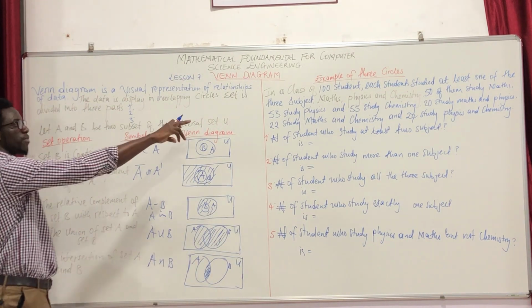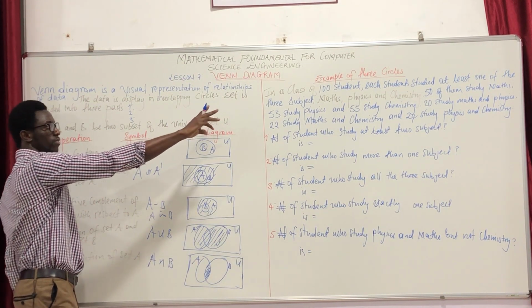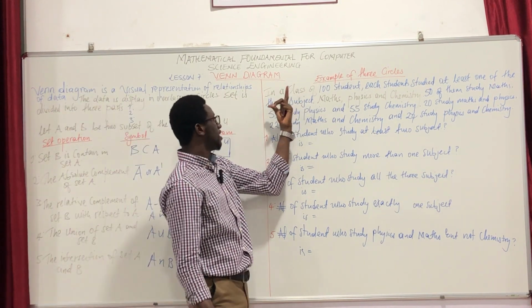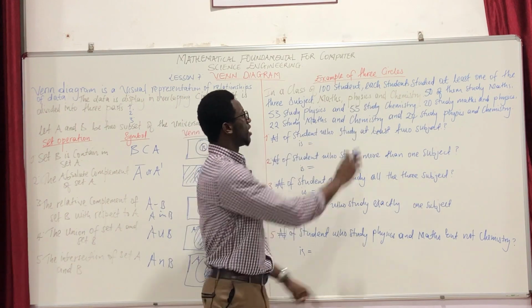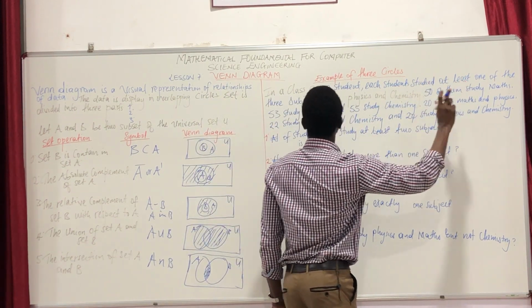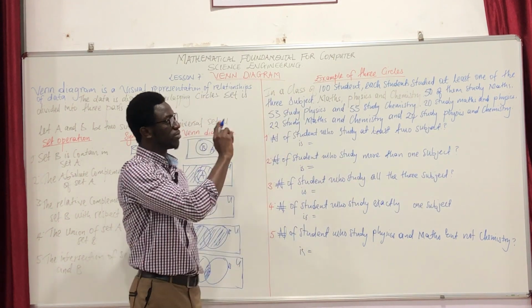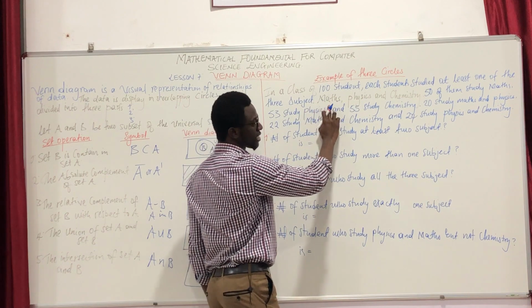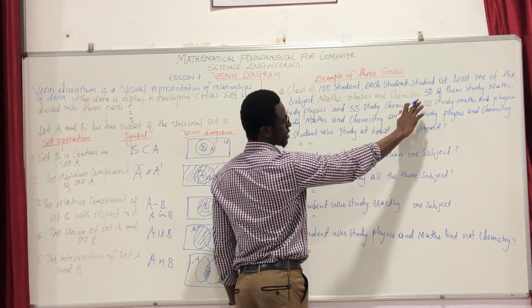So now we have an example here on the board we use to solve in terms of 3 circles. So in this problem, you can see in a class of 100 students, each student in the class must offer at least 1 subject. So now you can see the 3 subjects in this class. We have maths, physics, and chemistry.